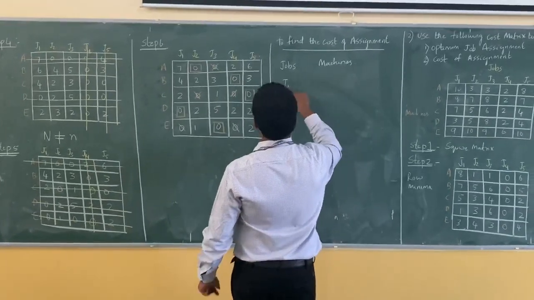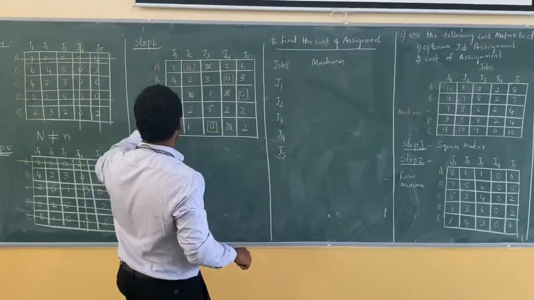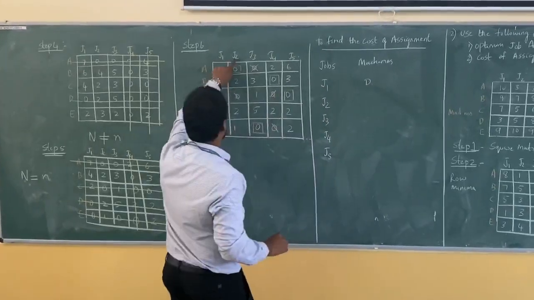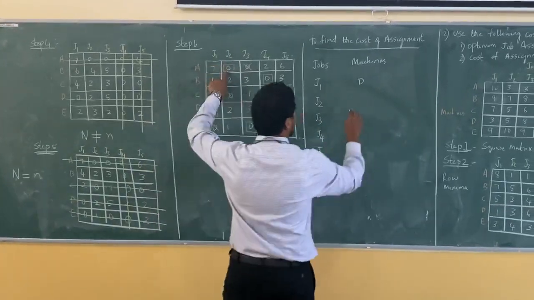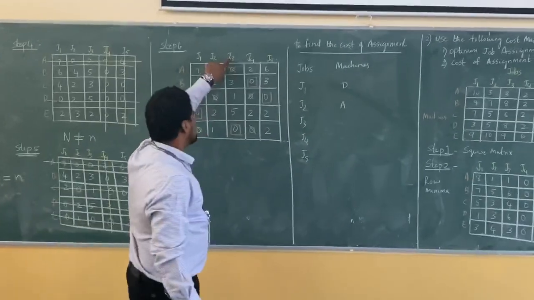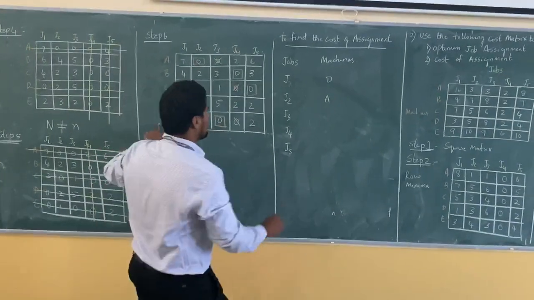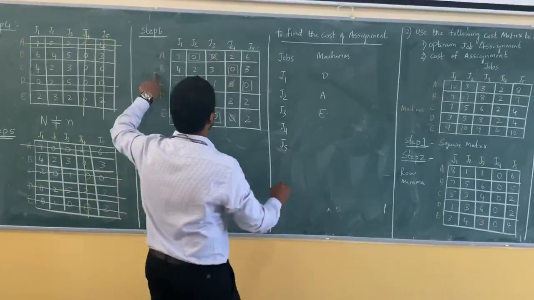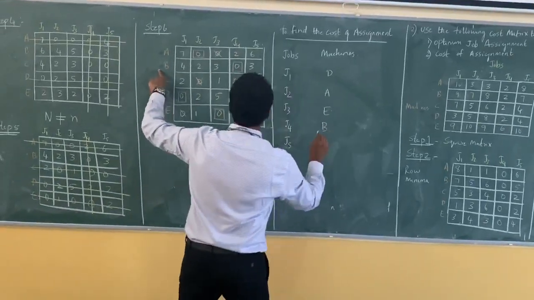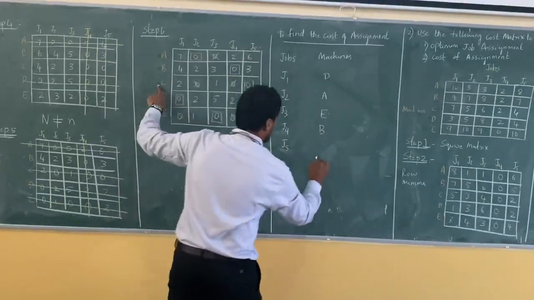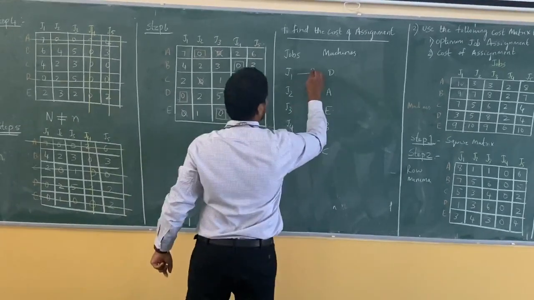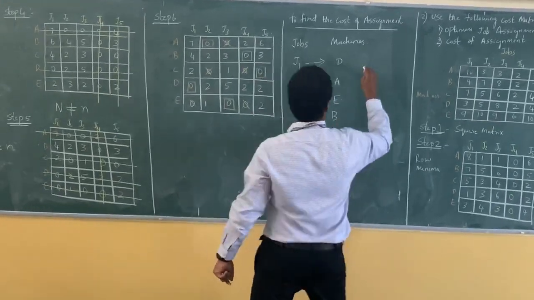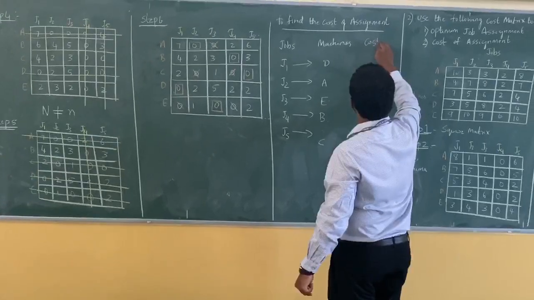For J1 it is machine D, right? For J2 it is machine E. For J3 it is machine E. For J4 it is machine B. For J5 it is machine C. I'll write here cost.